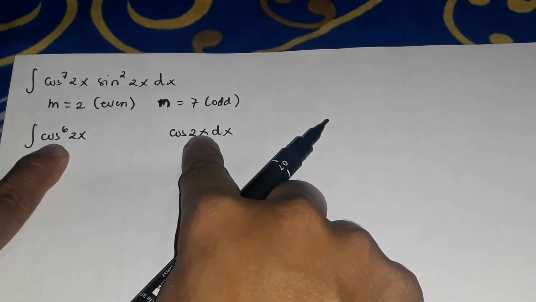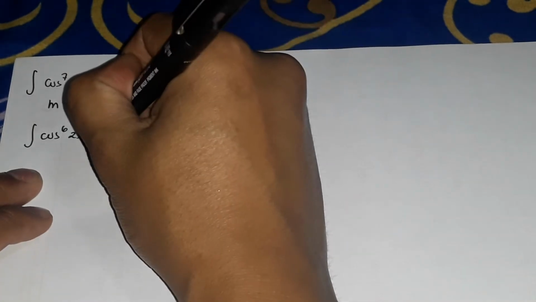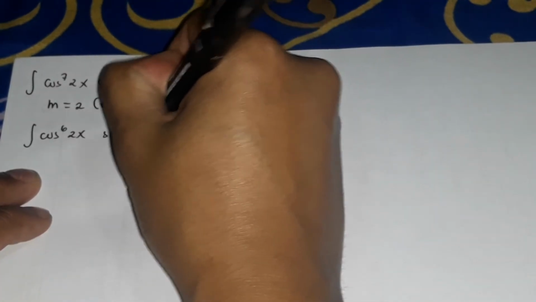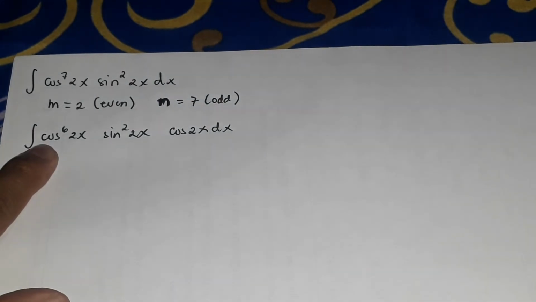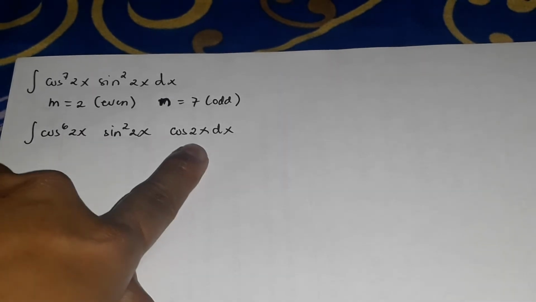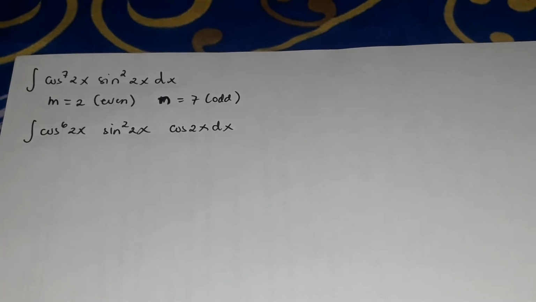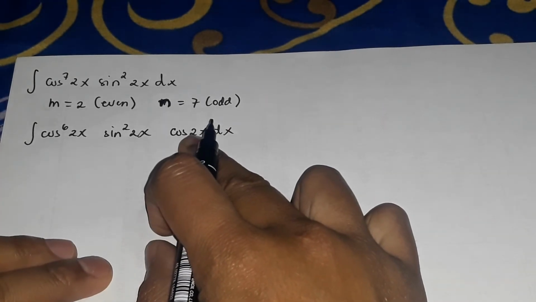So this makes cosine to the 7 2x. And then I will just copy sine squared 2x. Okay, so our new integrand is now equal to cosine raised to 6 2x, sine squared 2x, cosine 2x dx.